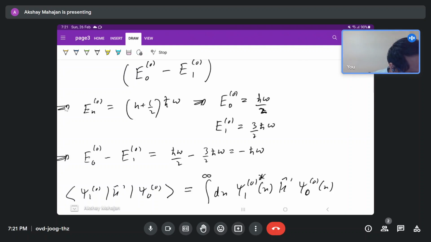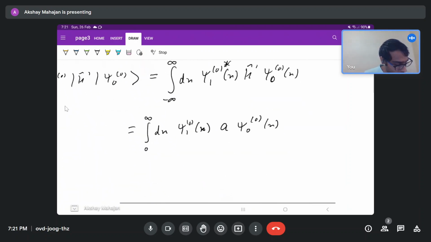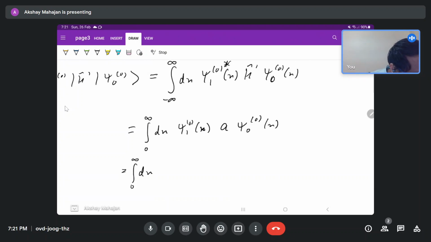It's a constant, no? Okay, so we have to find this integral. This integral will be equals to dx times whatever a we have.